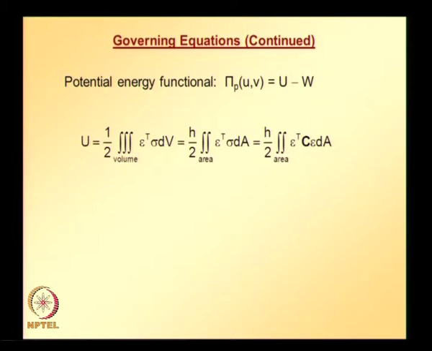If applied forces are point forces or concentrated forces, then the work done by the concentrated forces is simply the product of applied forces and corresponding displacements at the point of application of load.